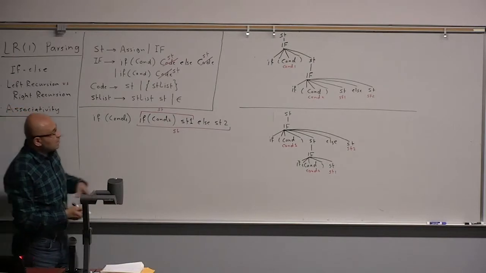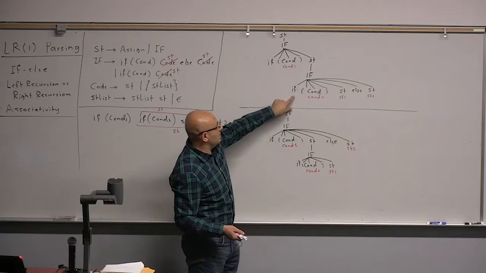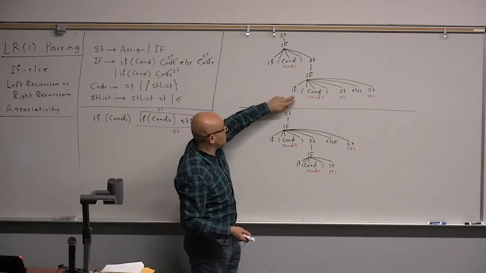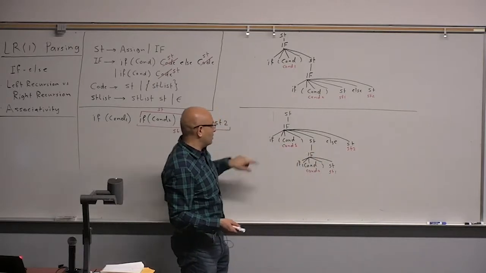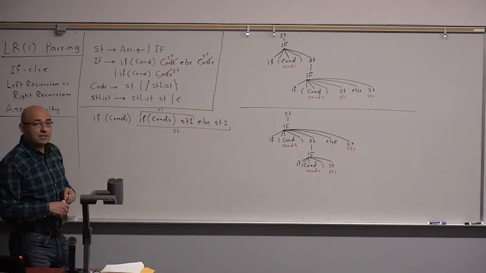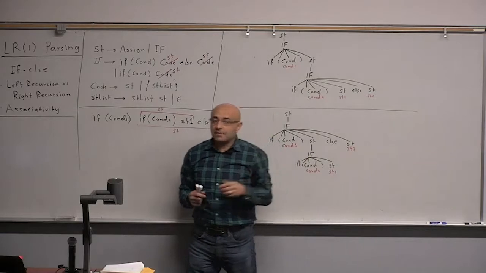So now here, the else is an else for the innermost if. Here, the else is for the outer if. Okay? So two possible derivations. So this is the if-else ambiguity.